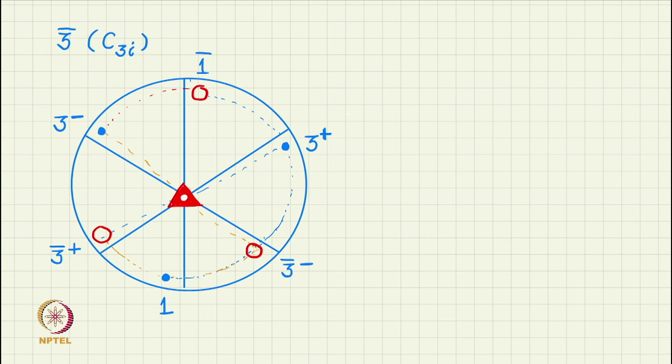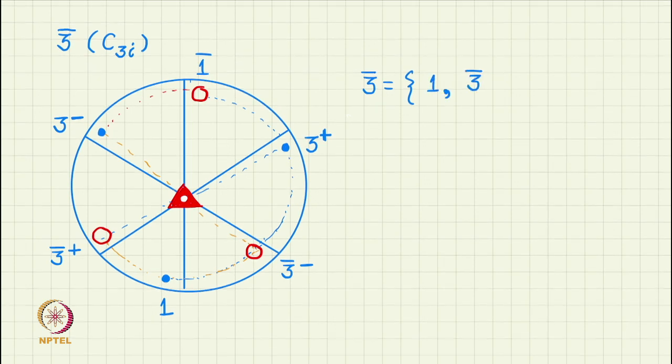You have 6 operations and we have already listed them. So, we just list them in the group notation. So, we have 1, 3 bar plus, 3 minus, 1 bar, 3 plus and 3 bar minus.